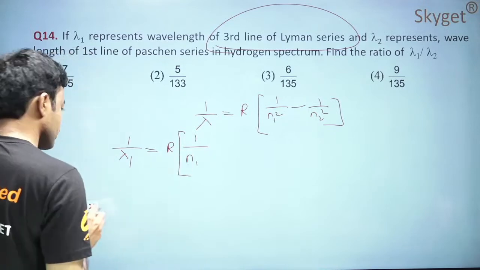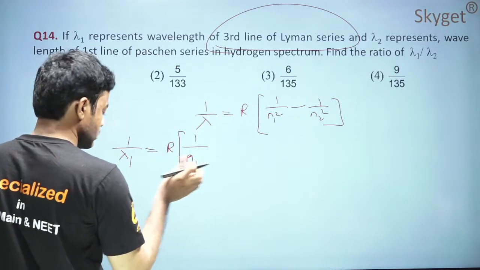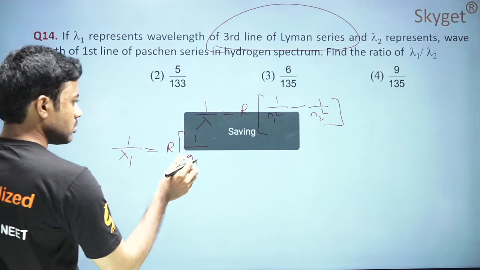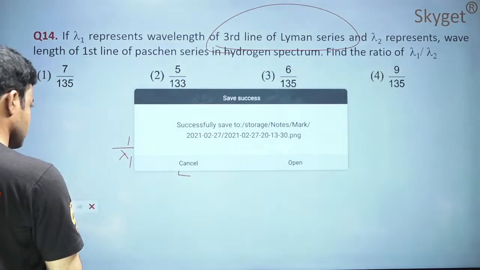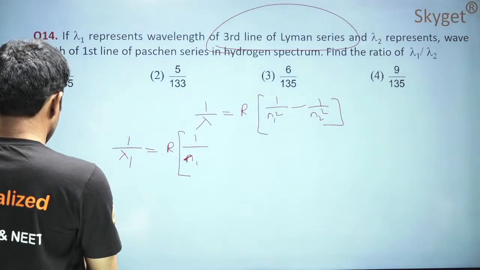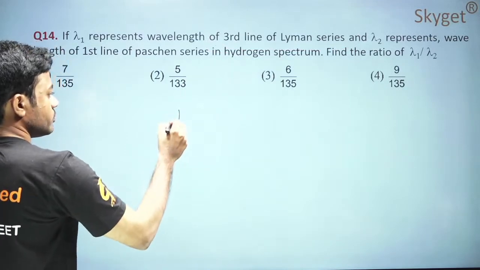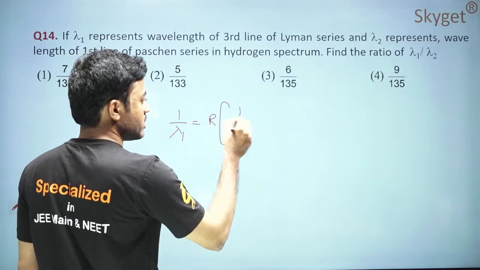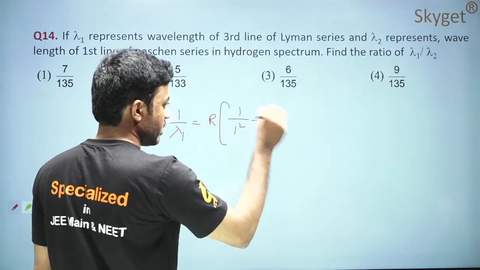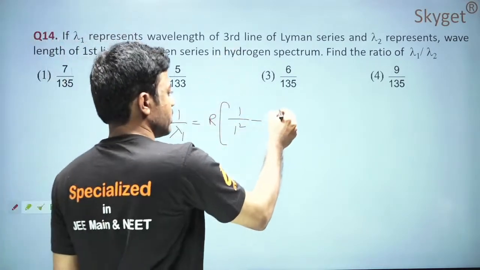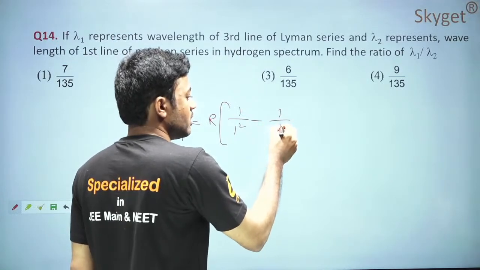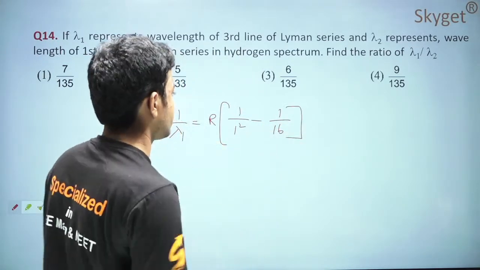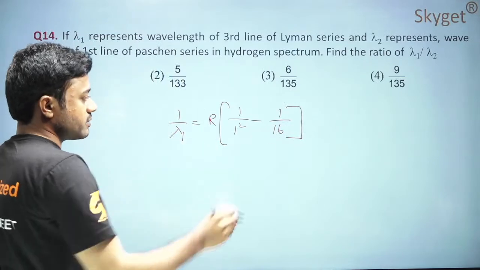So n1 is equal to 1. So 1 by lambda 1 is equal to R into 1 by 1 square minus, it has to jump from the fourth orbit, so 1 by 4 square, that is 1 by 16. Okay, so this is for lambda 1.